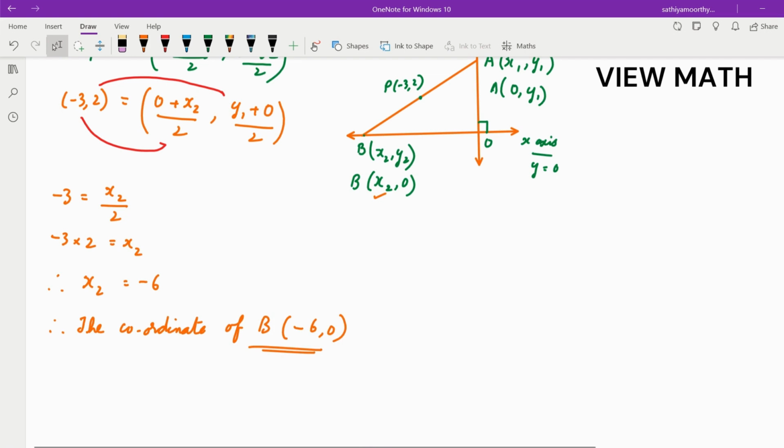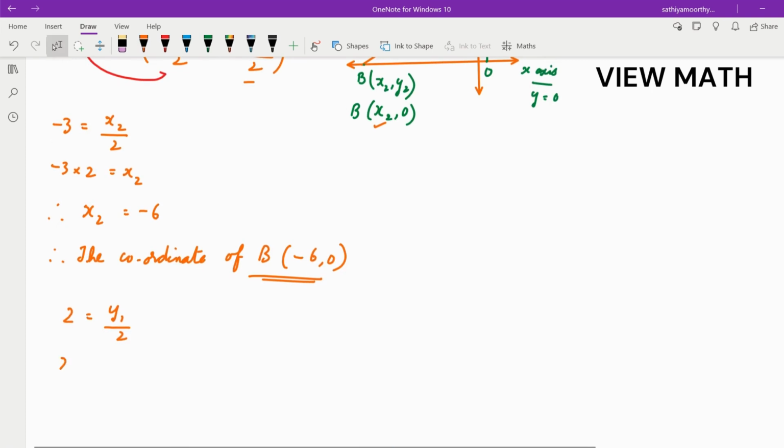Next I am going to equate the y-coordinate. So if I equate, I am getting 2 is equal to y1 plus 0 by 2, and 0 is nothing, so I am getting y1 by 2. If I bring the 2 to the other side, it becomes 2 into 2 is equal to y1. Therefore y1 is equal to 4.